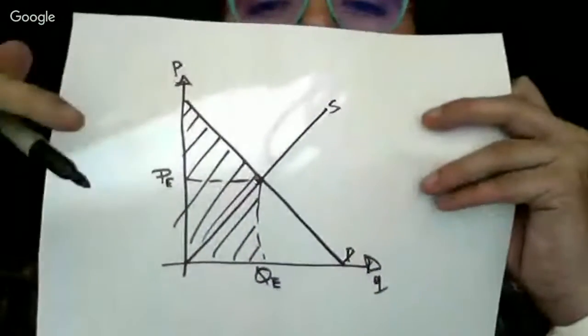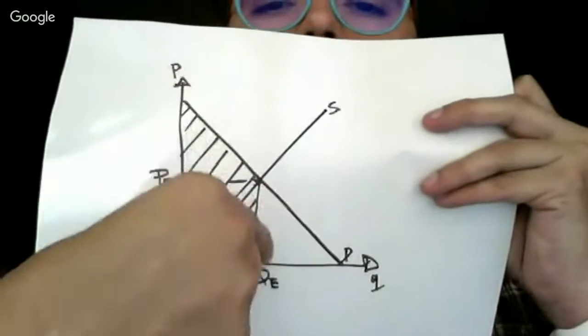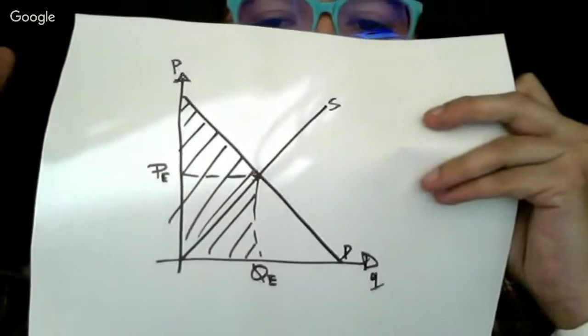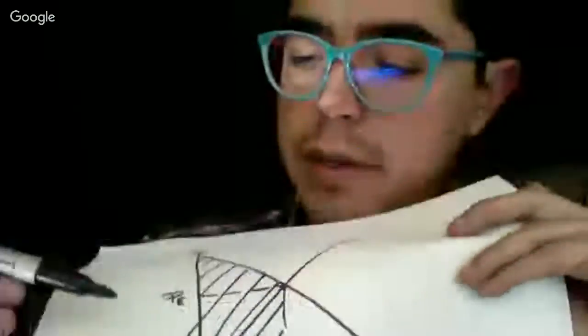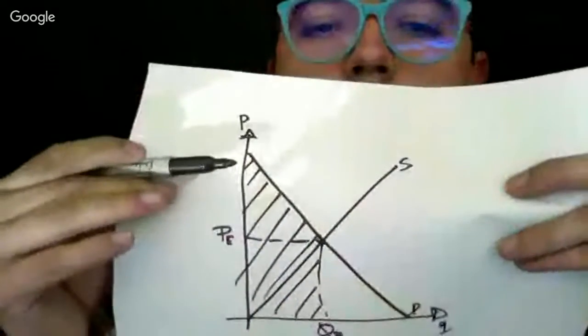This trapezoid right here is going to be our total benefits or our willingness to pay. So the way we calculate this area is we're going to calculate the reservation price first. The reservation price, remember, is when in our demand curve, it's going to be when Q equals 0.